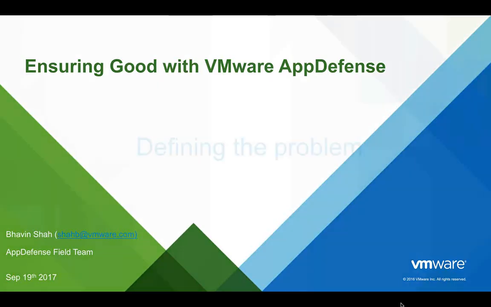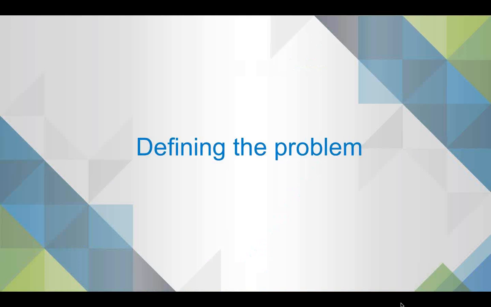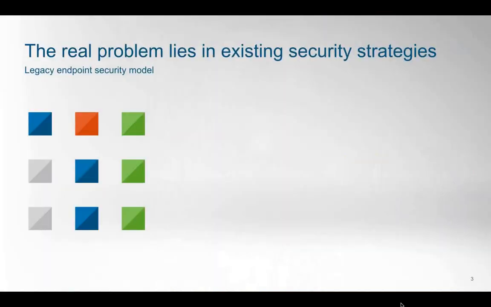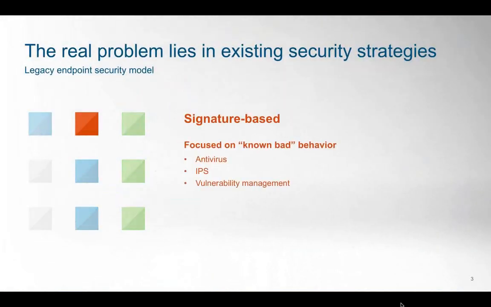So in order to start with what AppDefense is, I want to understand what problem we are trying to chase, right? We all know that VMware is not known as a security vendor or a security company. That can be our biggest advantage, because based on what you're seeing in the security theater, even though customers are running antivirus and anti-malware, there are zero-day attacks that are causing Equifax to melt down, and causing WannaCry to encrypt everything in the environment.